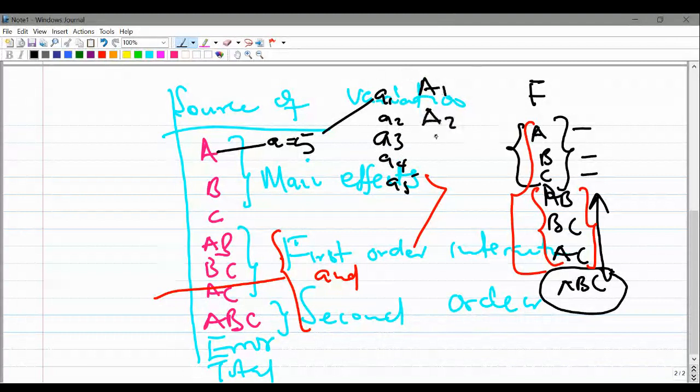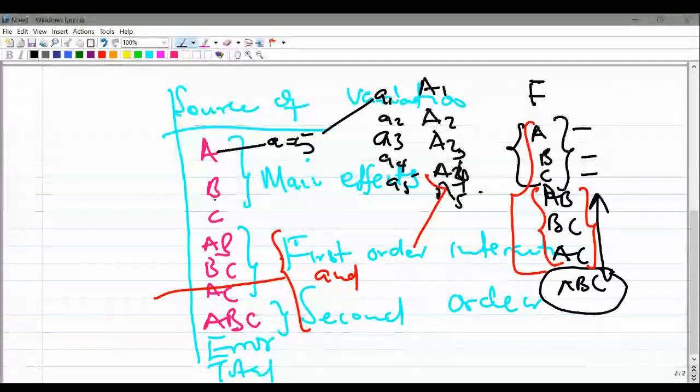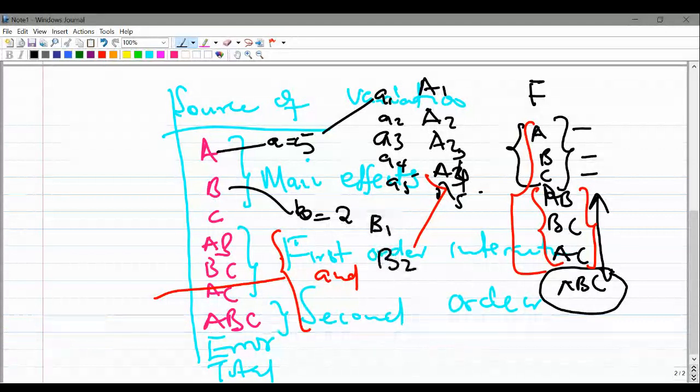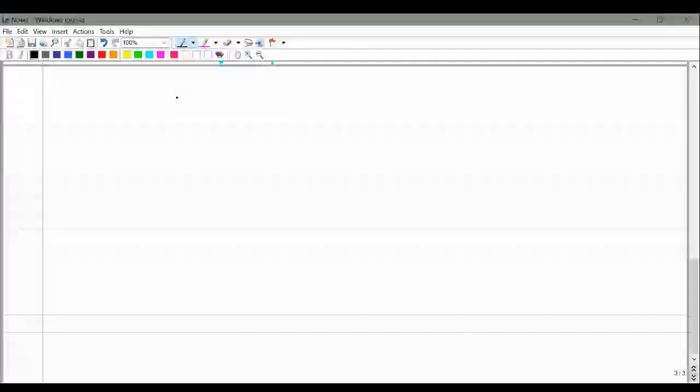Sometimes some books use A1 as capital letters, and the main one without, so it depends which book it is. Also, this 4 and this 5. And B, you may find that B is only having 2 levels. So it means we can have B1 and B2.